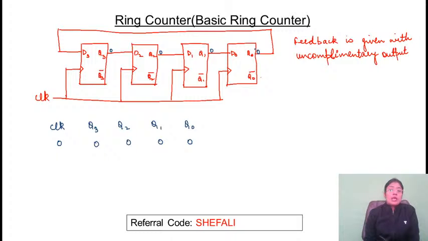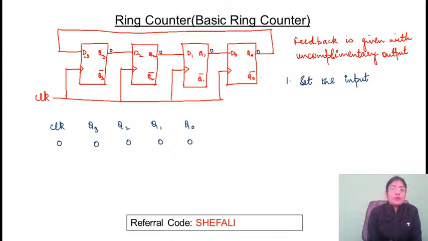Now, what is the method to execute synchronous counters? First of all, set the input for all the flip-flops, whatever connections there are, apply the clock pulse, and note down the output. So the first step is to set the input. In order to execute any synchronous counter, first I need to set the input.